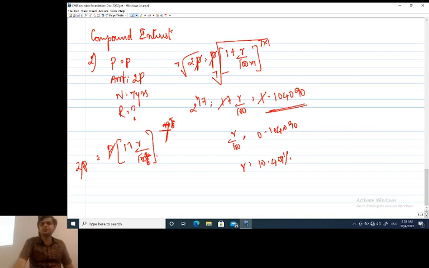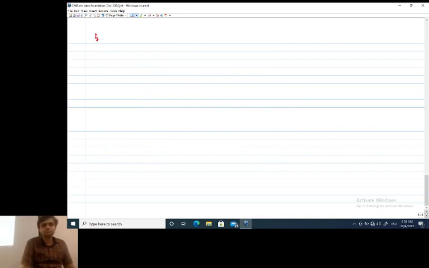We are going ahead with the fifth problem. A certain sum invested at 4% per annum, compounded semi-annually, amounts to 7830 at the end of year 1. Find the sum. So what is the amount? What is the rate of interest? 7830.